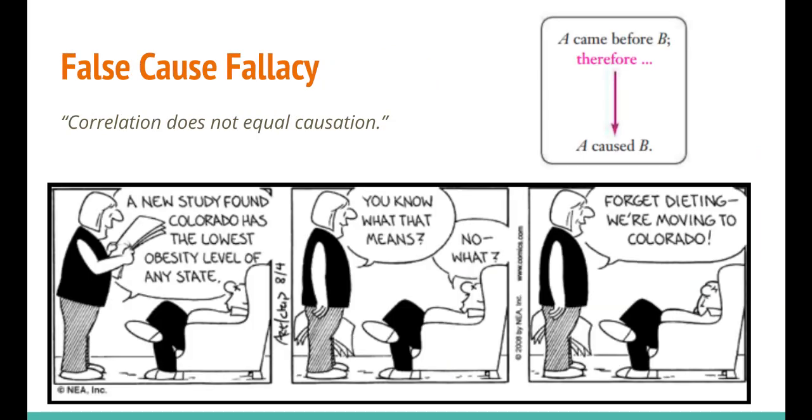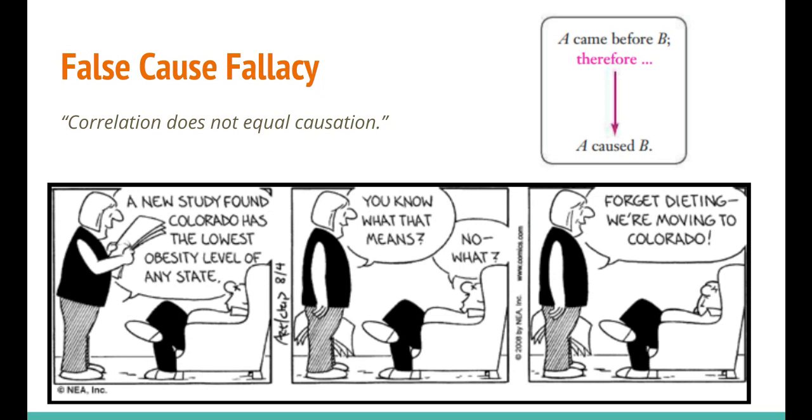This one's the false cause fallacy. So this is assuming that one thing causes another. The common phrase that's used is correlation does not equal causation. We might find a relationship between two different outcomes. It doesn't mean one caused the other. In this cartoon, she finds a study that says Colorado has the lowest obesity level of any state.